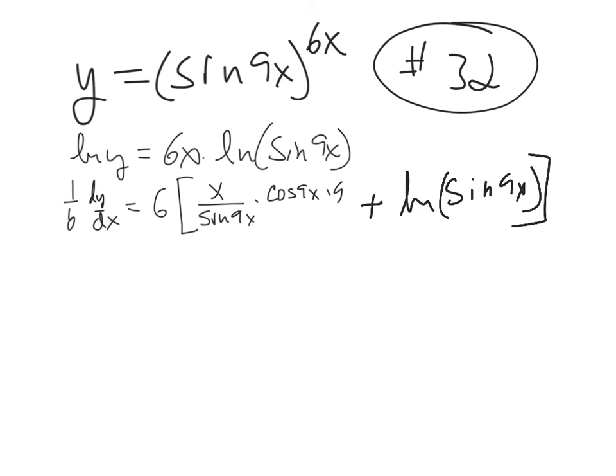And then we're going to try to clean this up a little bit. So 1 over y dy/dx equals 54x. Now, cosine of 9x over sine of 9x will be the cotangent of 9x.